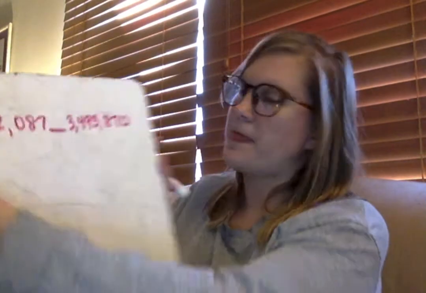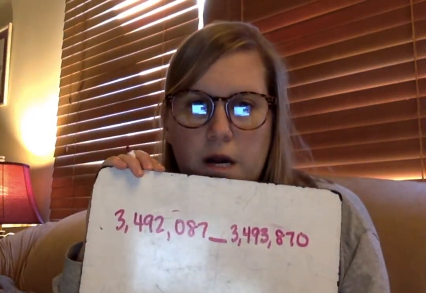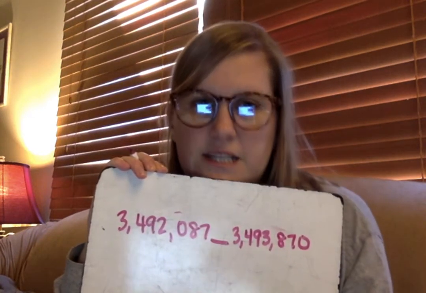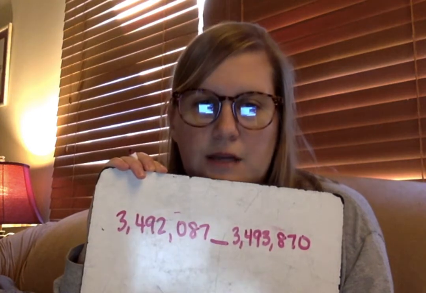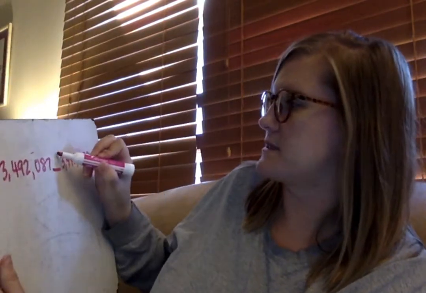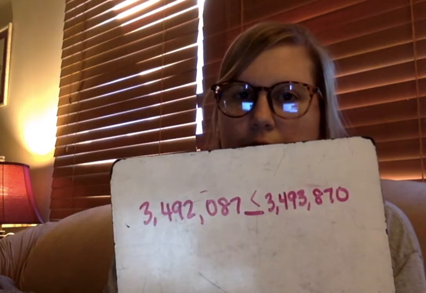All right, so they both have a 3 in the millions. They both have a 4 in the 100,000s. They both have a 9 in the 10,000s. When you get to the thousands, we have a 2 and a 3. So 2,000 is going to be less than 3,000. So I'm going to say the symbol is less than. So 2 less than symbols.